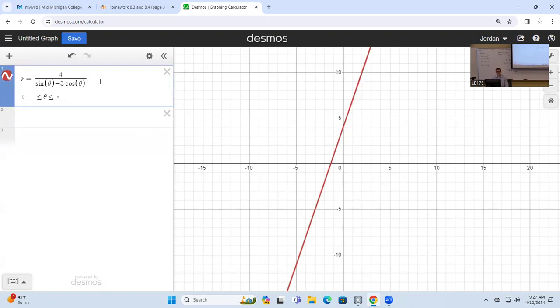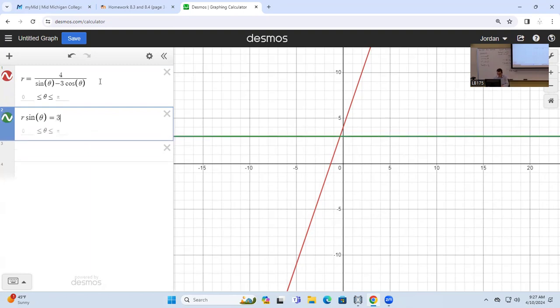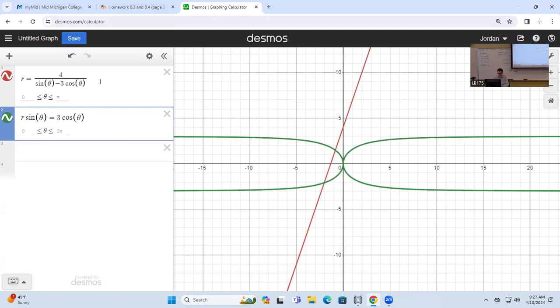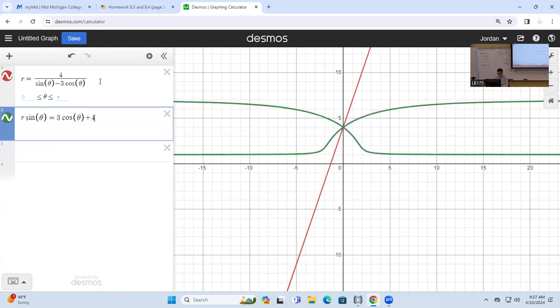Desmos can also handle the ones that aren't solved for r. So if you did r sine theta equals 3r cosine theta plus 4, sorry, 3r cosine theta.